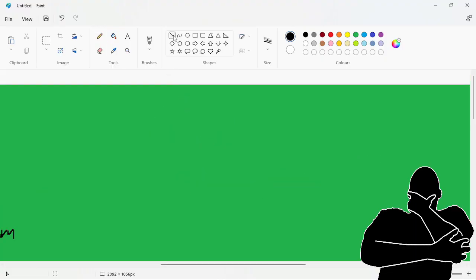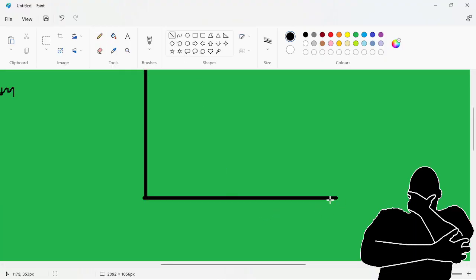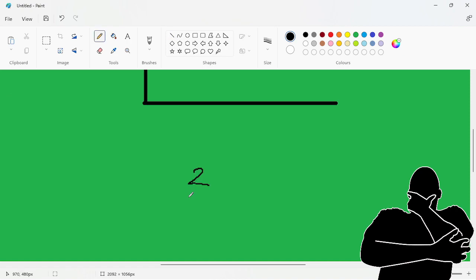you start with your graph. Now let's say this distance between here and here on the graph paper was 10 centimeters. It means that you need to fit the numbers from 0 to 2 in 10 spaces.